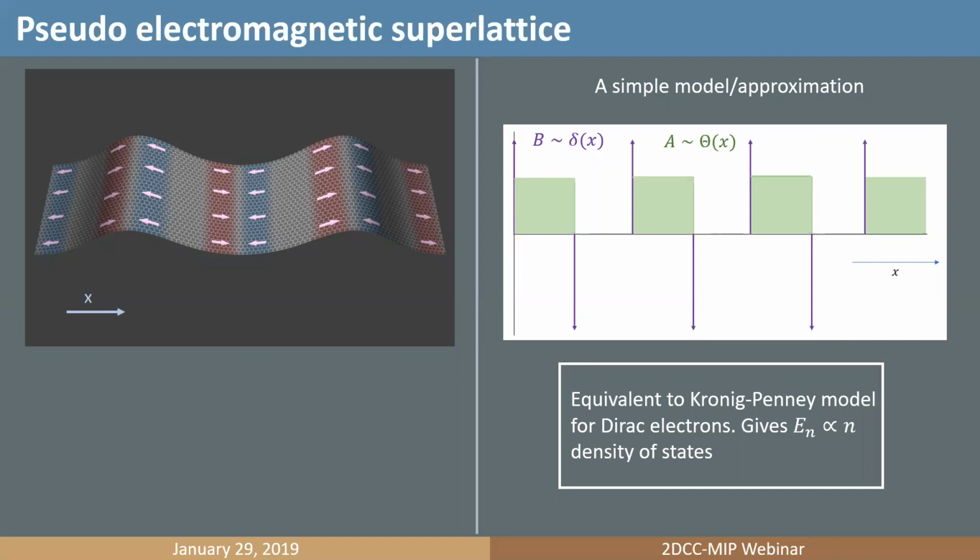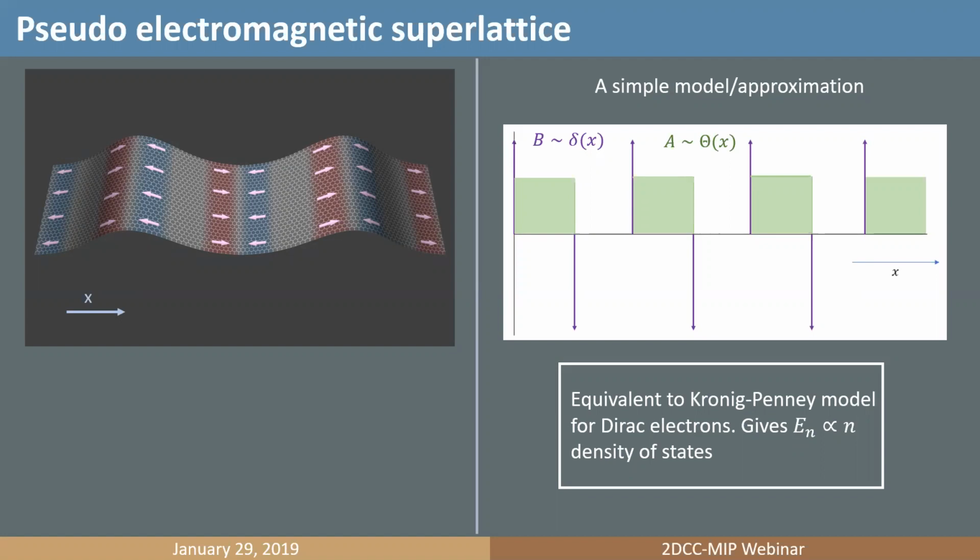Why that is, here is a simple picture. Imagine let's say that the magnetic fields I approximate by a series of delta functions. Okay, simple model. If I model them as a series of delta functions, then the vector potential A is like a theta function. And this problem now reduces to solving the Kronig-Penney model for Dirac electrons.